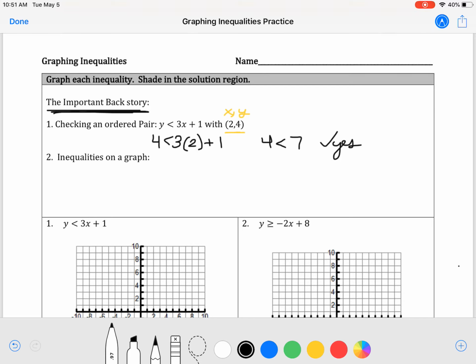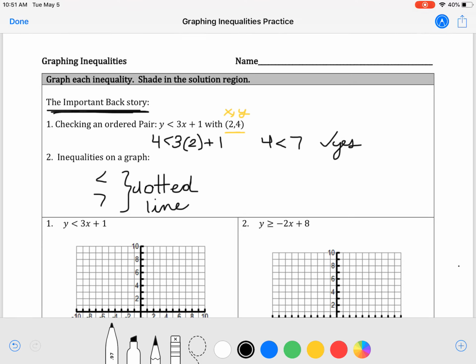Now, specifically when I'm looking at a graph, you should know two things. When I have inequalities that are just less than or greater than, I'm going to represent that by a dotted line. I need to write in cursive. There we go.